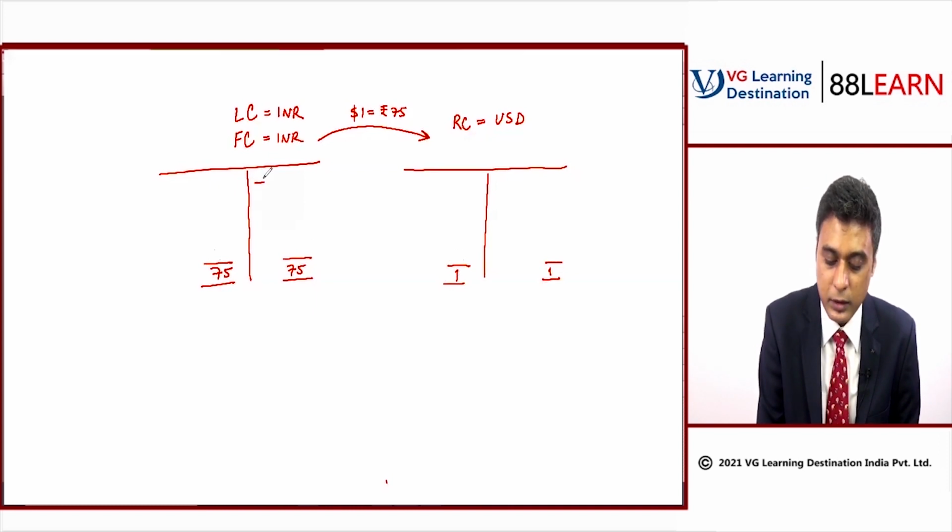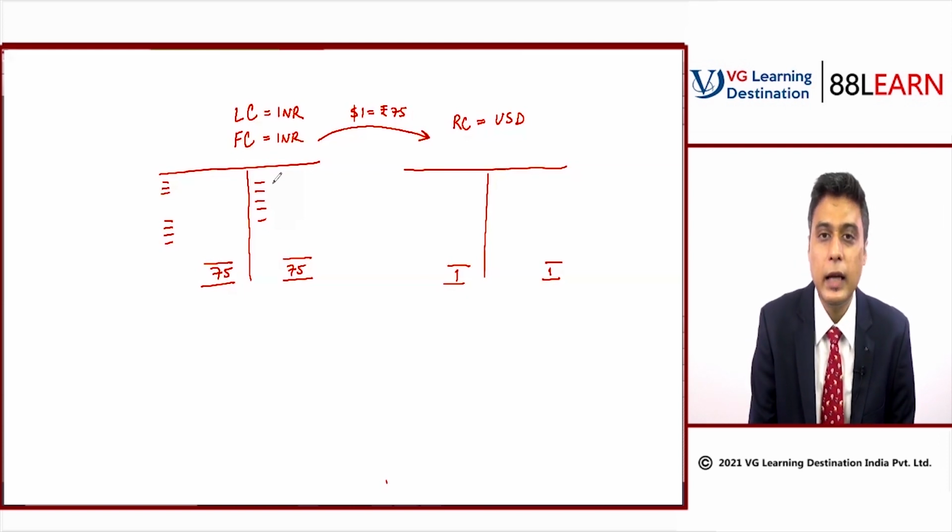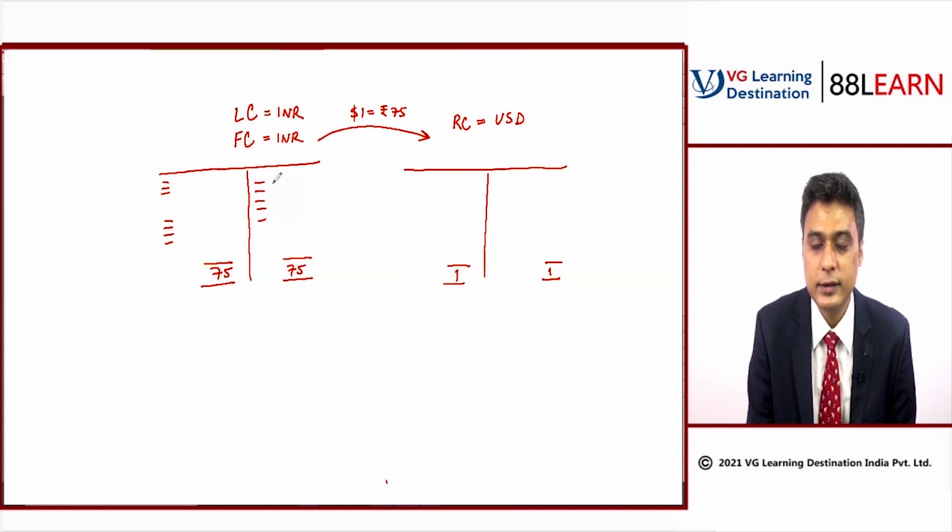So we have multiple items on the asset side of the balance sheet, we have multiple items on the liability side of the balance sheet, then we also have the equity. Now, if each of these items were to be converted at the same rate, then things would have been much simpler. But different items would be converted at different rates.